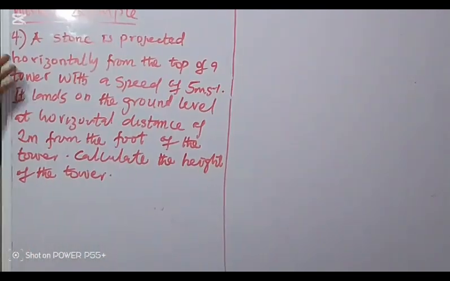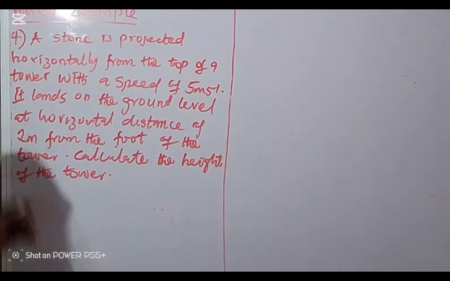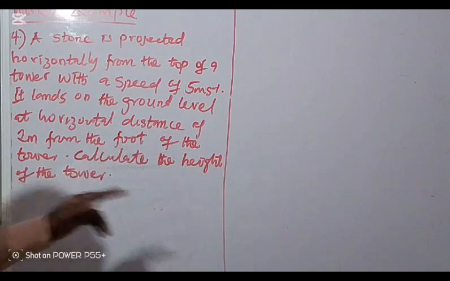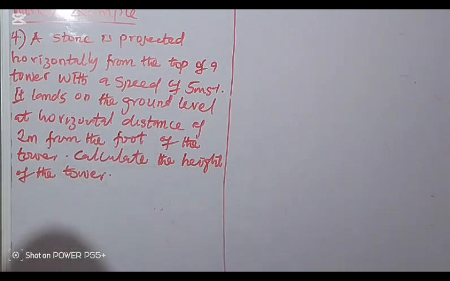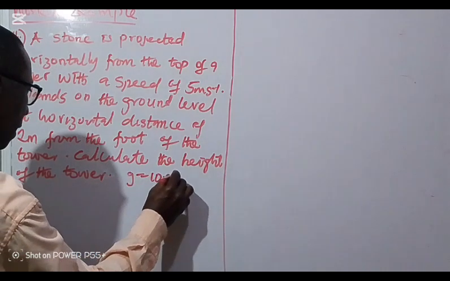Let's take this one as example 4. A stone is projected horizontally from the top of a tower with a speed of 5 meters per second. It lands on the ground level at a horizontal distance of 2 meters from the foot of the tower. Calculate the height of the tower. Normally, our g is 10 meters per second squared.